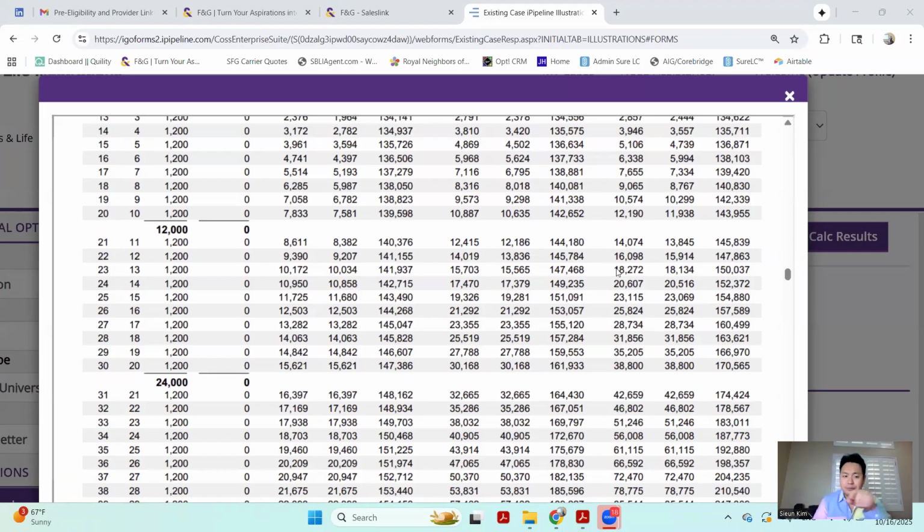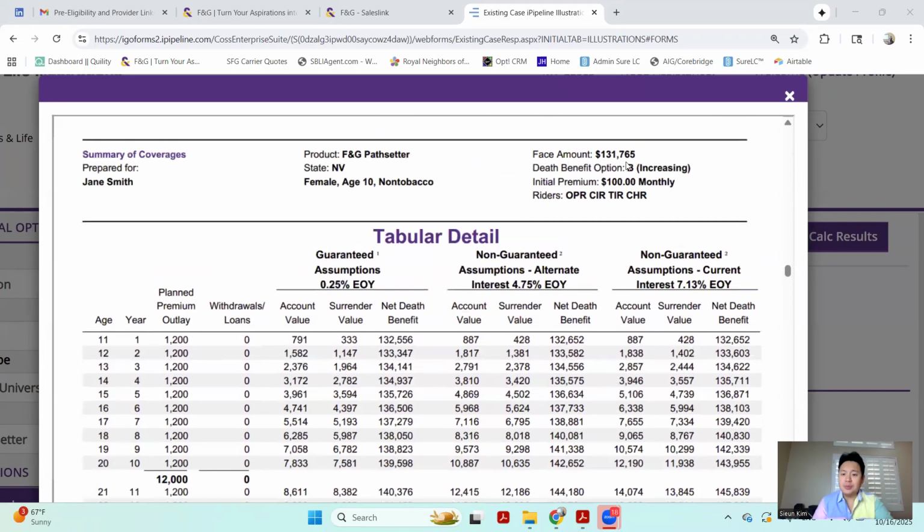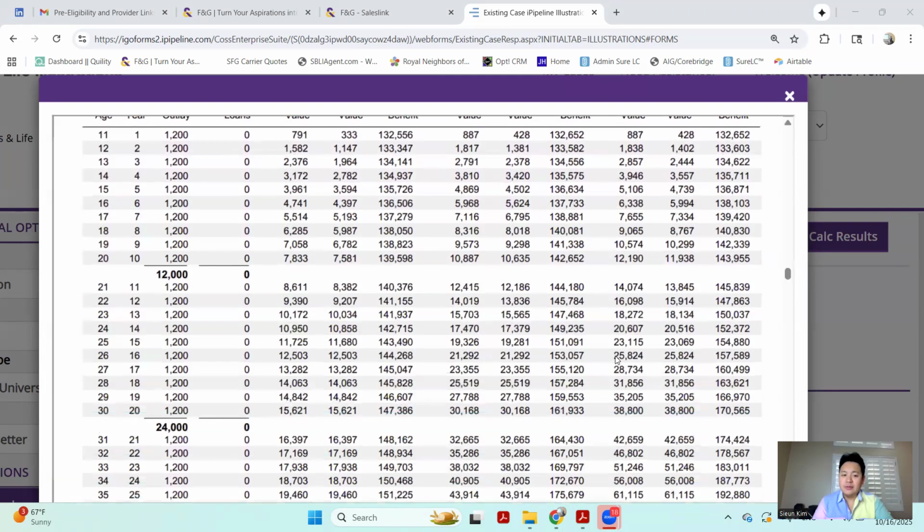I'll tell you what are some of the great things about this and also not so good things about this. When you do an option B and do a max accumulation and income solve, this is really maximizing the cash value. So that means the client doesn't have as much room to put more money in there in the future because of the modified endowment contract.